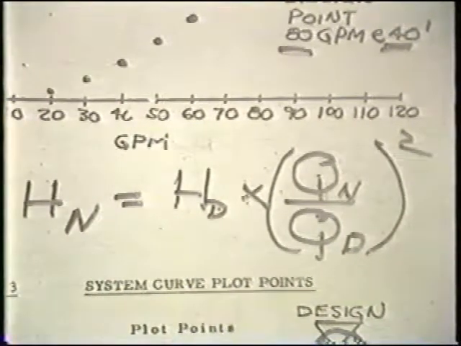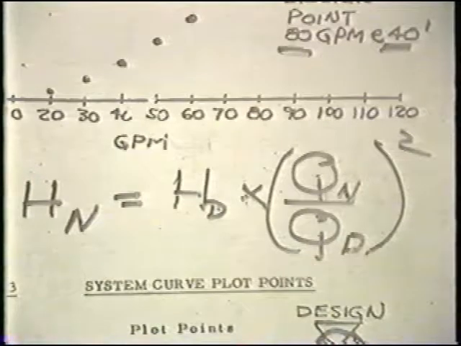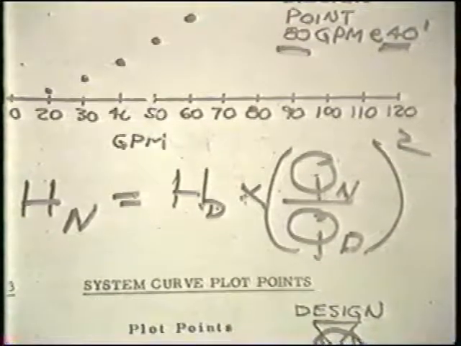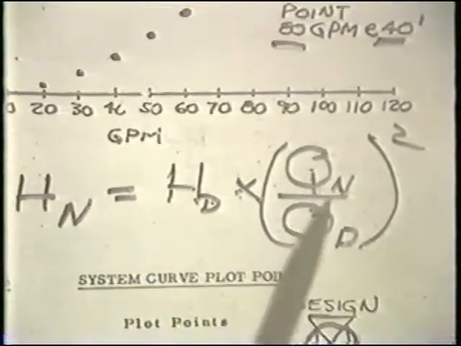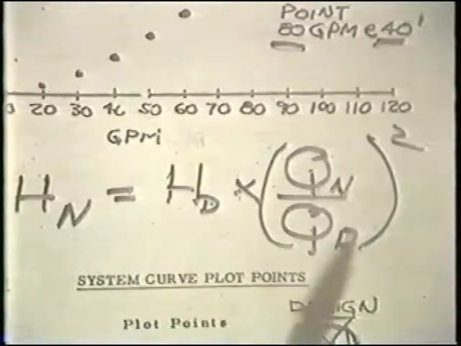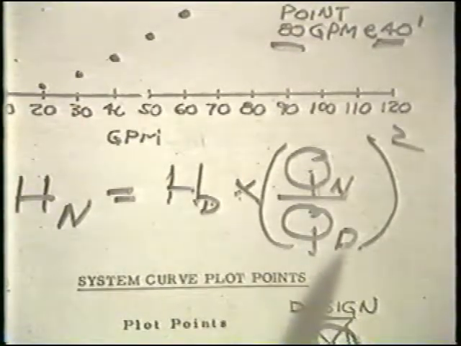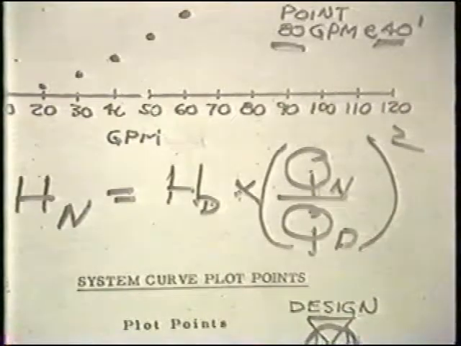What this is really saying is that if we reduce the flow rate in the piping system, our head loss must necessarily decrease, and it will decrease as a squared function of the flow change.